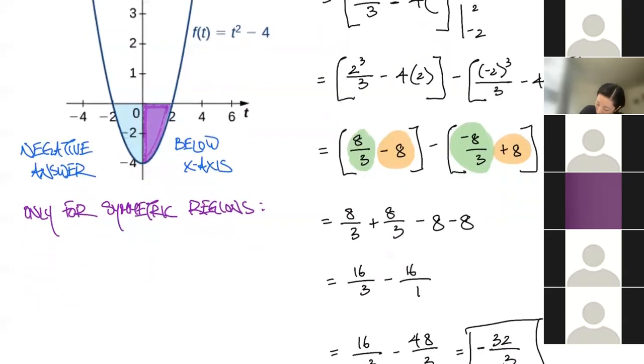We can say, instead of finding the area from -2 to 2, I'm going to find the area from 0 to 2 of t squared minus 4 dt. And if I have only that integral, that gives me the purple area there. Okay. What is a clever way that I can use this answer to get the whole answer?